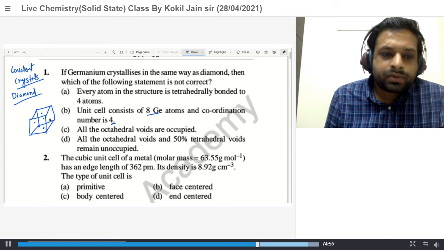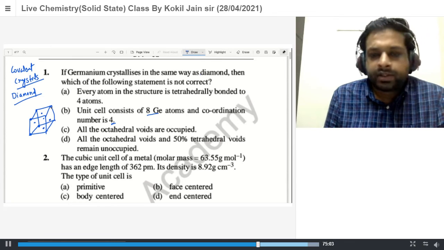This is how the carbon atoms inside this diamond structure are bonded here.